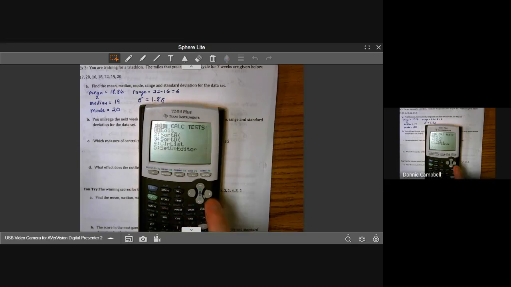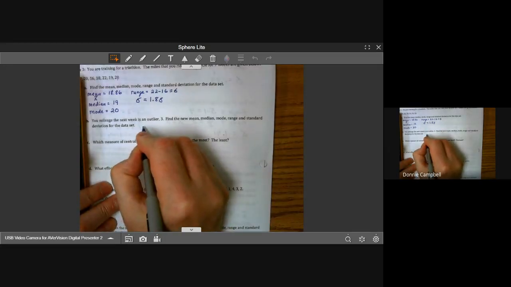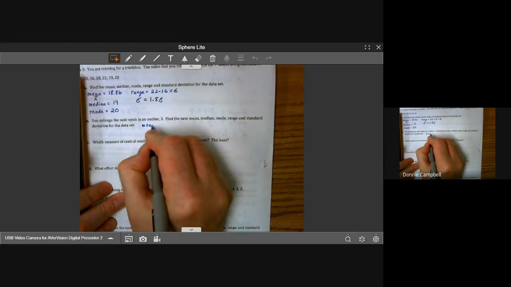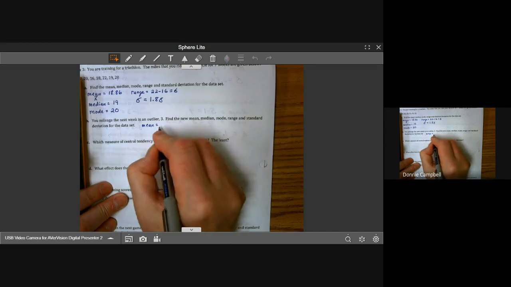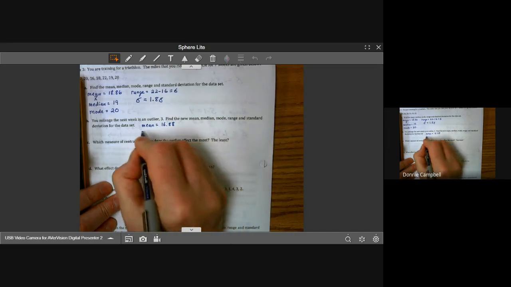Okay. Then I'm going to hit calc again and let it calculate. And then this time, when I do that, I get, from my calculator, I got my mean. Putting in my outlier, I get 16.88.